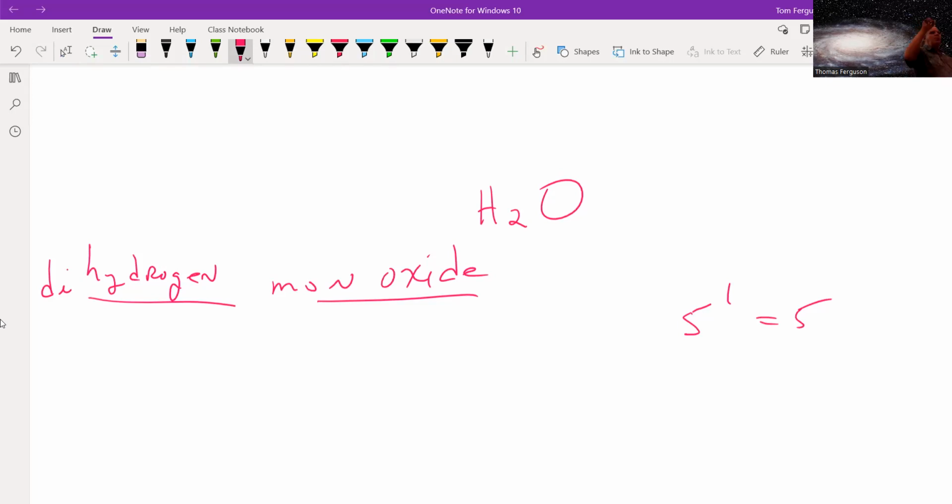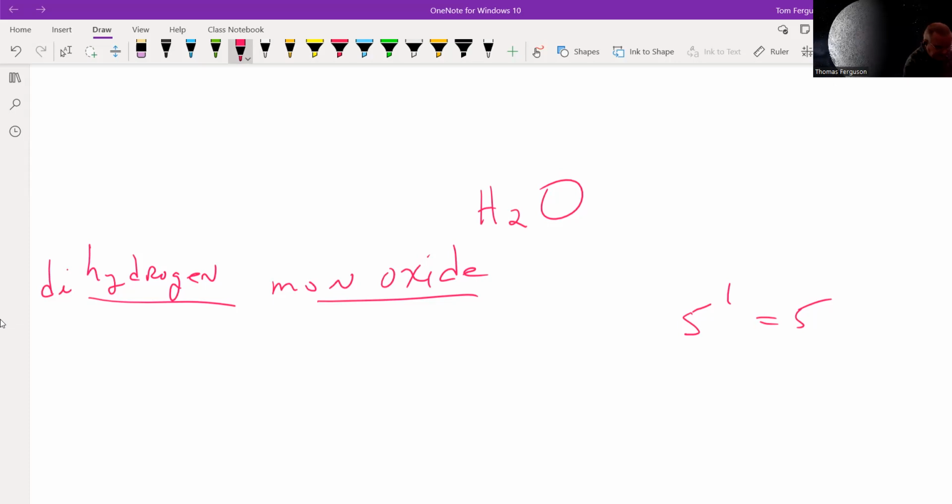Do you ever write a 1 superscript? Who in here writes the 1 superscript? Gosh, no one's raising their hand. What a surprise. That's because it's assumed. When we're writing covalent equations, there are some assumptions there as well. The problem is it varies.